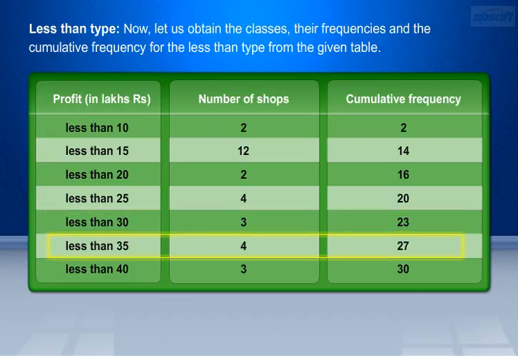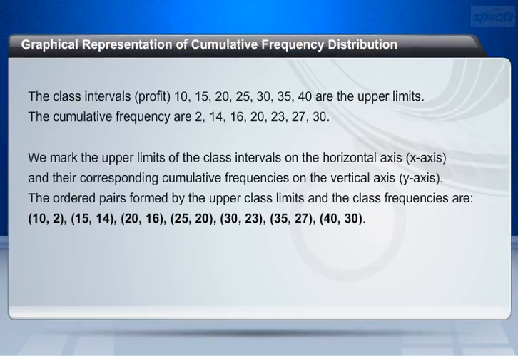For less than 35, the frequency is 4, then the cumulative frequency is 27, since 23 plus 4 equals 27. For less than 40, the frequency is 3, then the cumulative frequency is 30, since 27 plus 3 equals 30. The class intervals, profit, 10, 15, 20, 25, 30, 35, 40, are the upper limits.